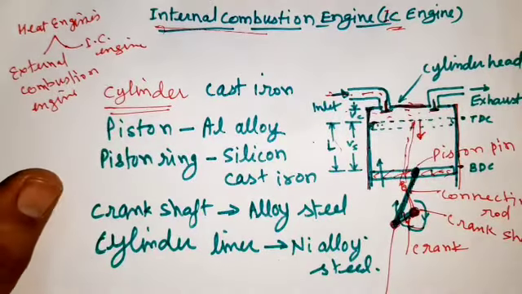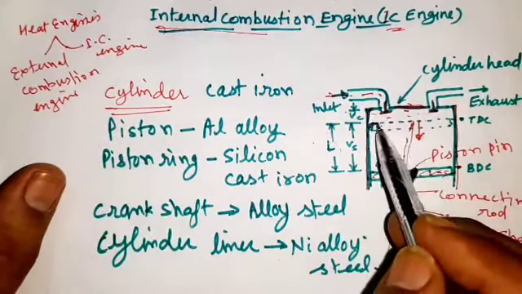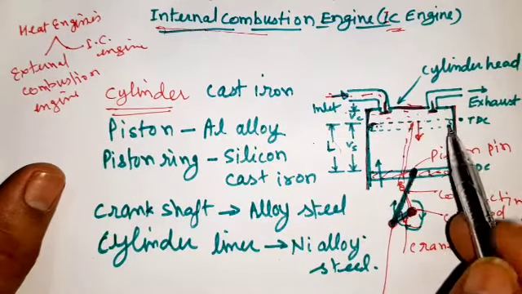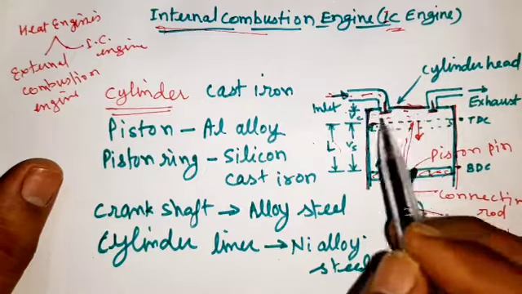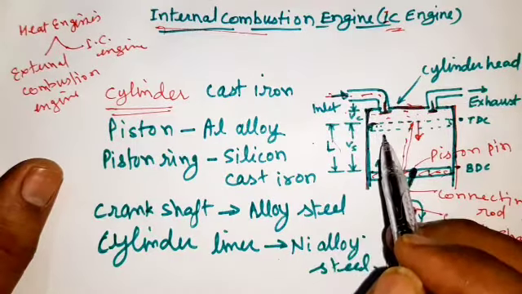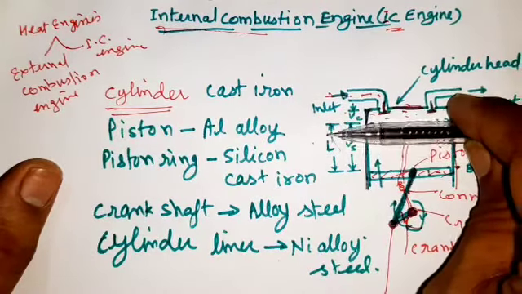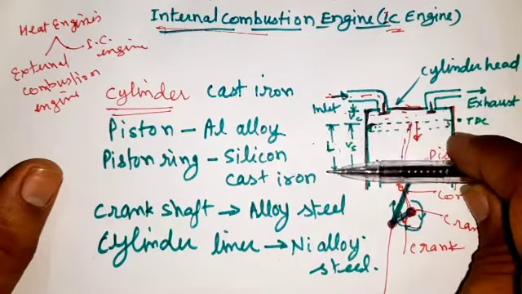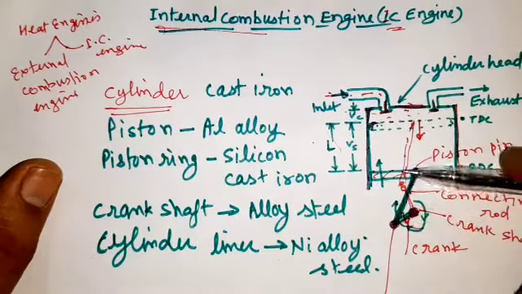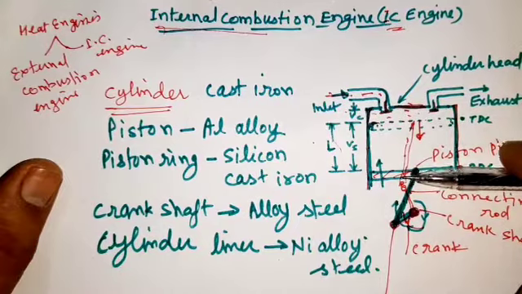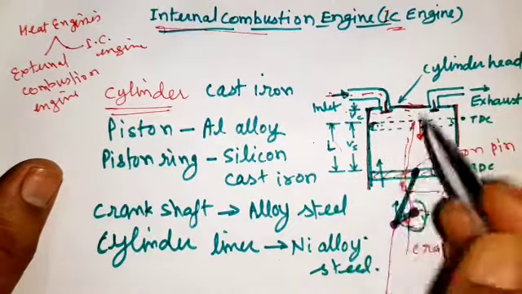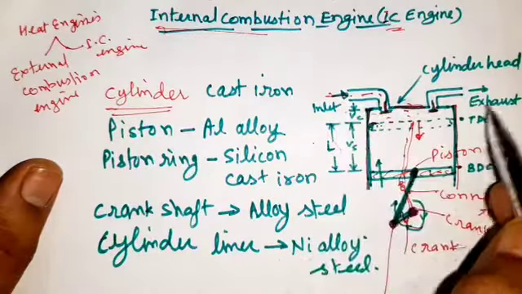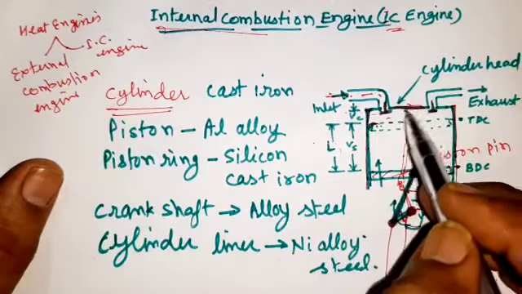Suppose initially this piston was at TDC and is moving vertically downward. In this situation, the inlet valve is open and the cylinder is sucking in air-fuel mixture. Then the piston will be at BDC. At BDC, both valves will be closed, inlet and exhaust valves. These are the valves: this is inlet, this is outlet, and this is the cylinder head.